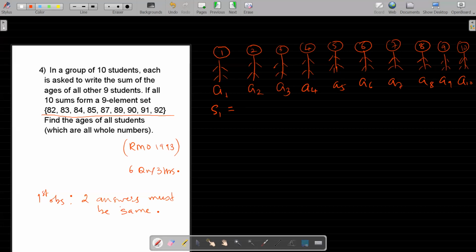Are the notations clear? A2 plus A3 plus A4 plus A5 plus A6 plus A7 plus A8 plus A9 plus A10. Very good. So S1 is the answer given by first student, the sum of other 9 students.